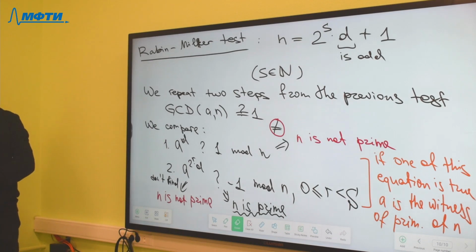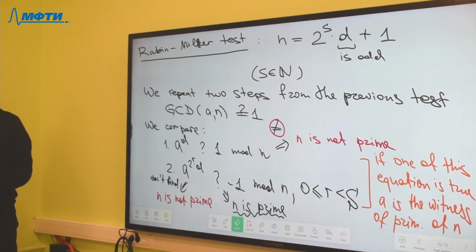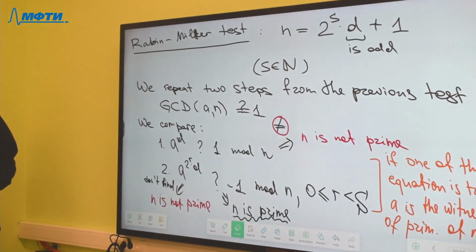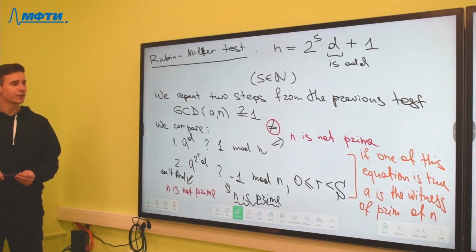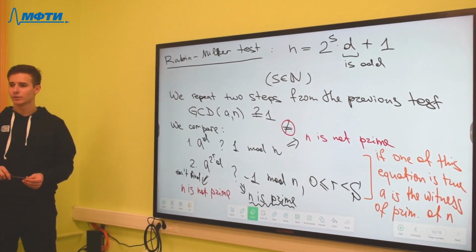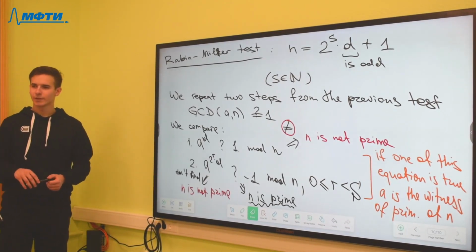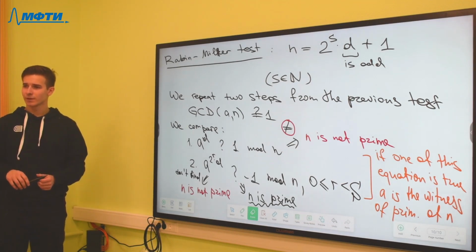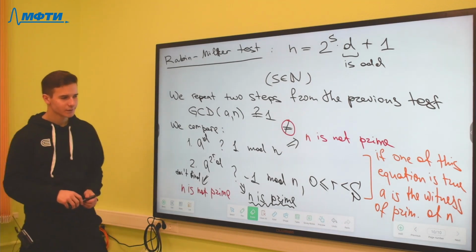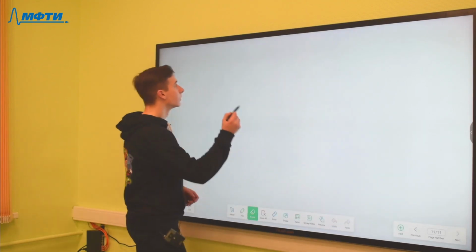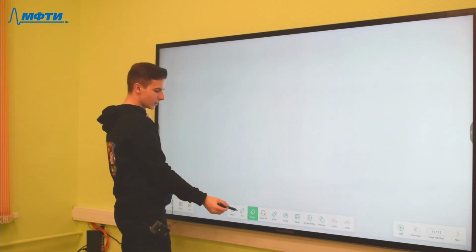And now we can have a break and then continue with another topic, the complexity classes. Do you know what are P and NP classes? EXP, exponential classes.